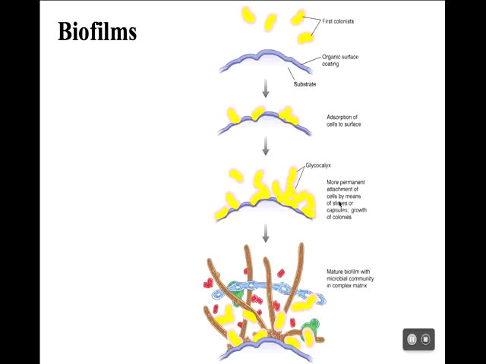A biofilm is a mix of microbes living together on a solid surface. So what does that mean? When we think about ecology, we tend to think about large environments.